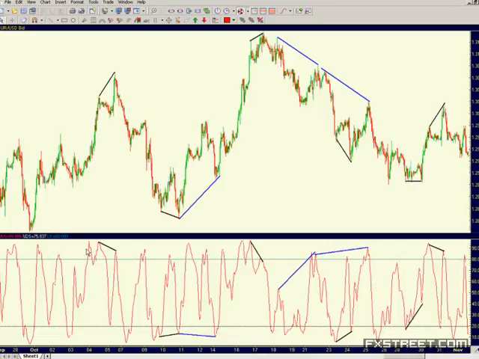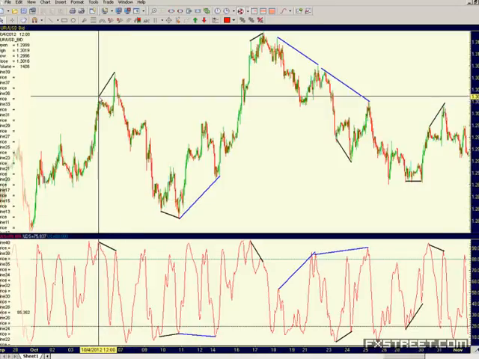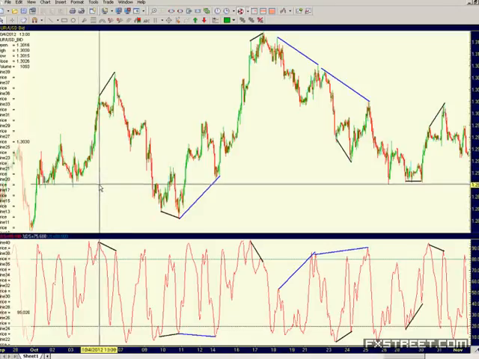I only have the percent K line, just to make it clearer. The percent D is simply a 3-period moving average of the percent K, so for me it's not that important in this particular usage.